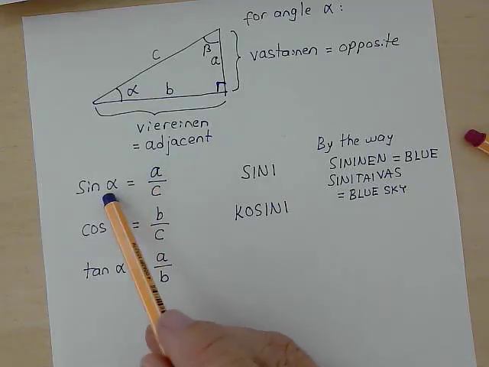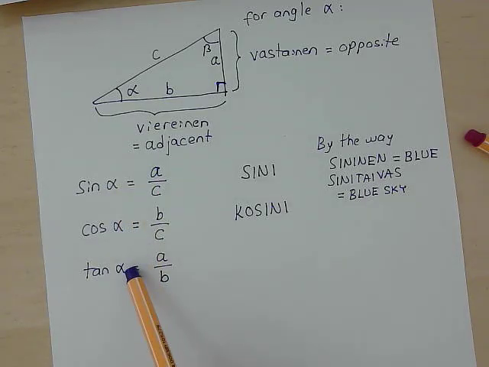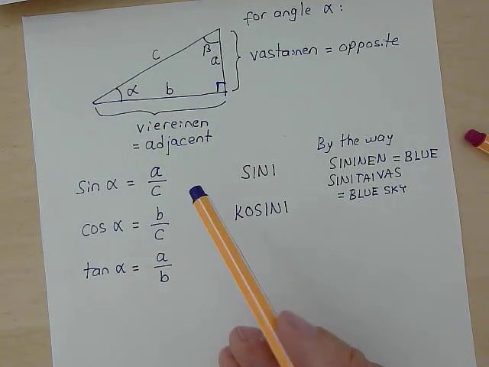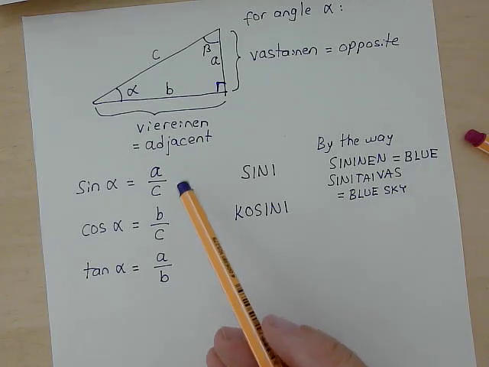Alpha and A. And in tangent also, alpha and A. We say in Finnish A, B, C, A, B, C.